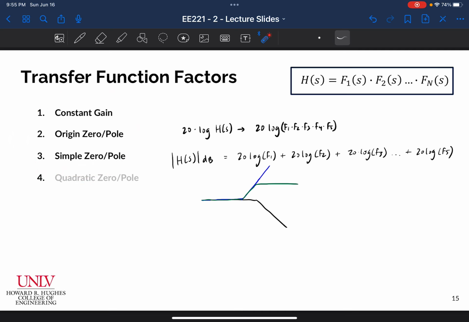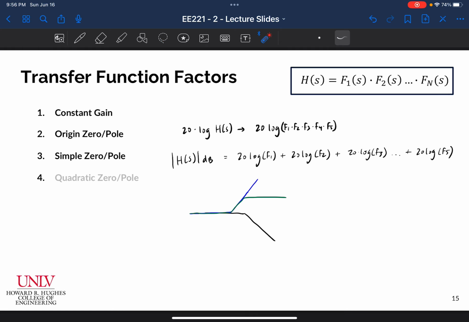But all this is basically just showing us that we can take advantage of this log rule so that we don't have to plot the magnitude of this crazy thing all at once. We can just break it up into its individual components, sketch each one, and then add their effects to do something just like this. And I'm obviously going to show what an example of that looks like.